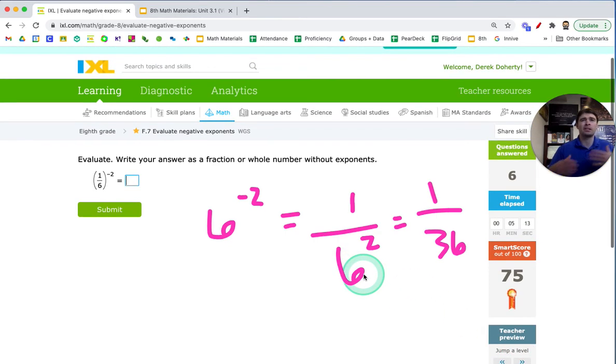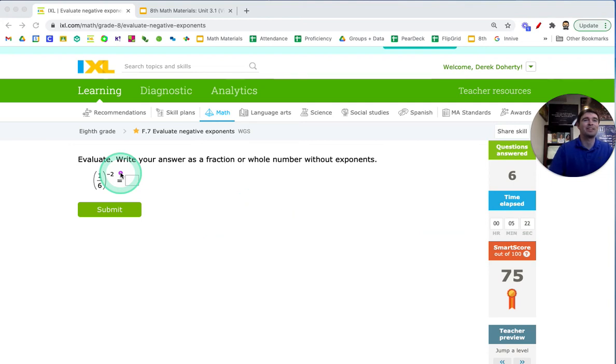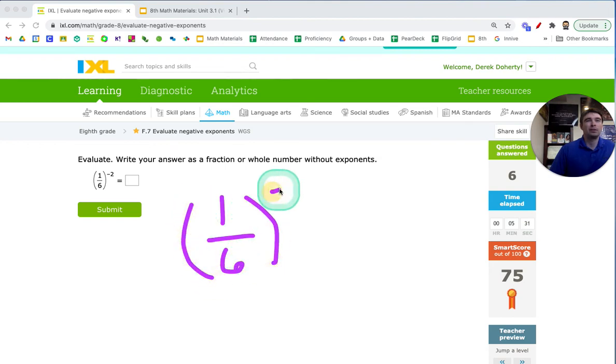Now, when you get up into the 70s, it looks like they may change the base to be a fraction or a decimal, something more difficult. So we're going to think about this for a second. This is definitely a tougher question. I like that they showed this. This is 1 over 6 to the negative second power, which can get a little confusing because it says to divide a bunch of times. But remember, division and multiplication are opposites.